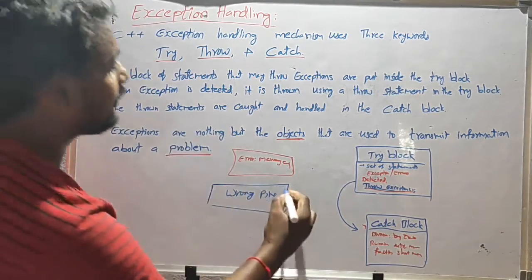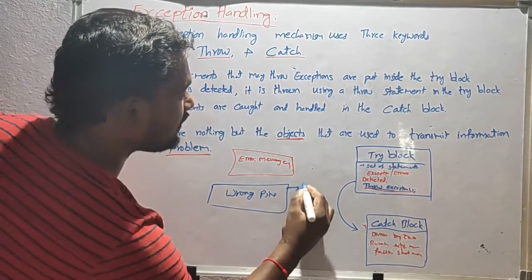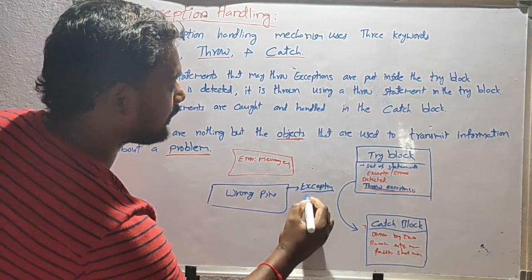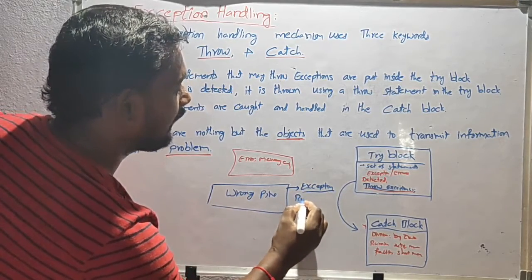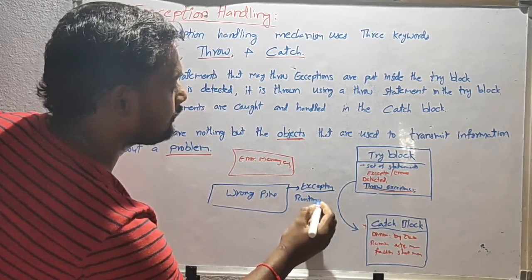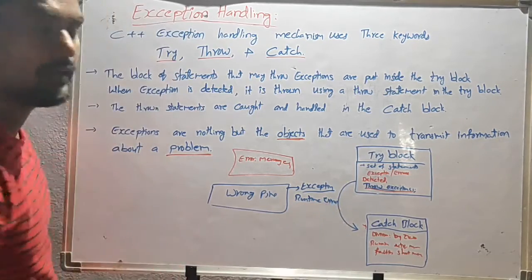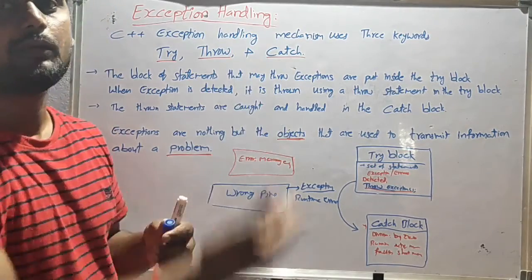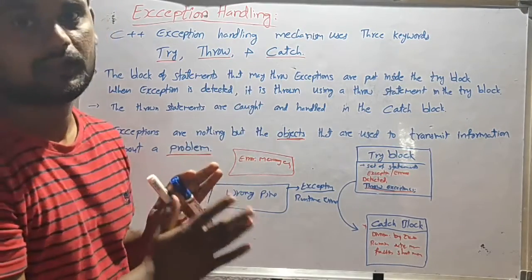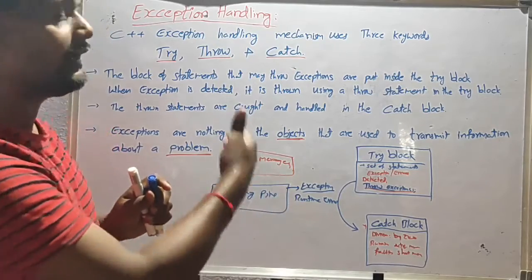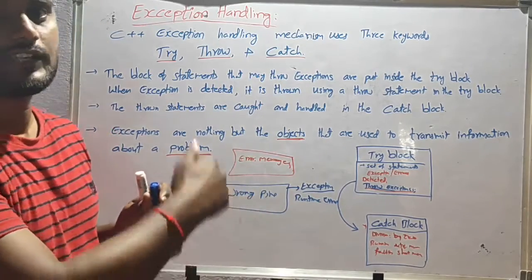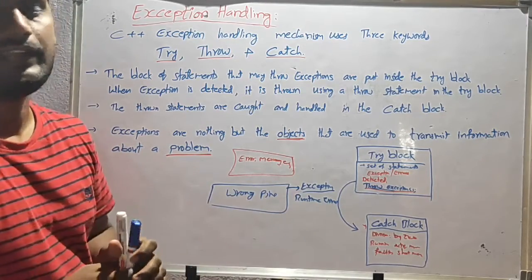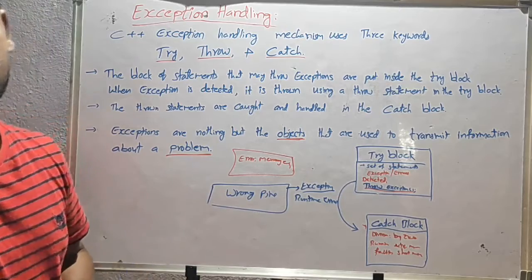That type of message is an exception message, or we can say a runtime error. Runtime errors can be handled by reprocessing, that is, you need to perform the operation once again, and that is the exception handling mechanism.